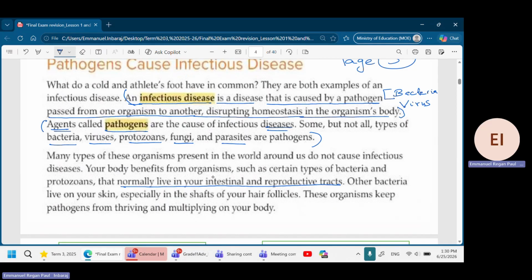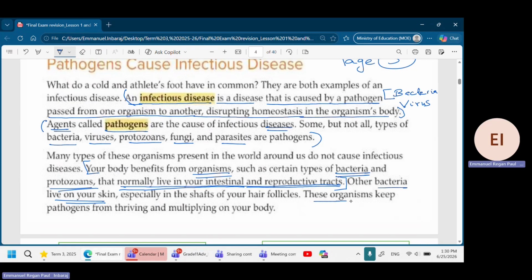There are some organisms, especially certain types of bacteria and protozoans, that are useful to us. How are they useful? They live in the intestinal and reproductive tracts. So they live inside your intestine and in the reproductive tubes. They are helpful. Also, there are some bacteria that live on your skin.